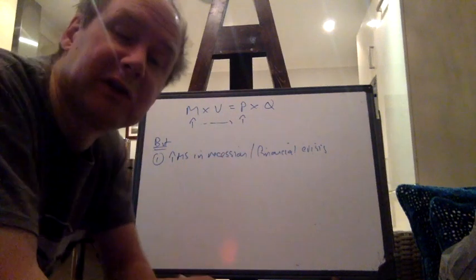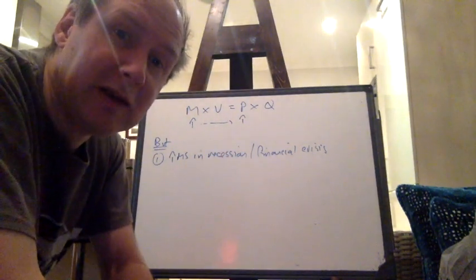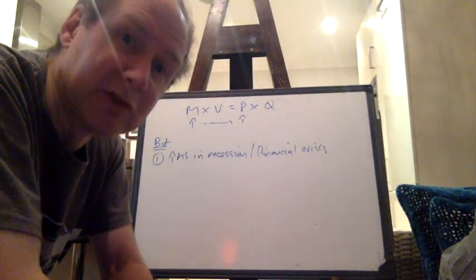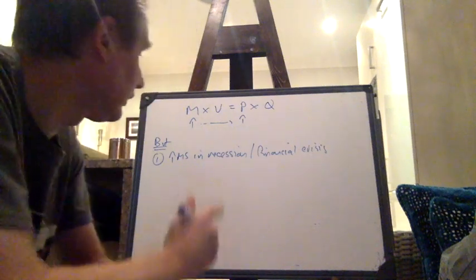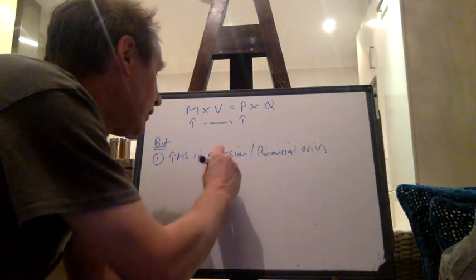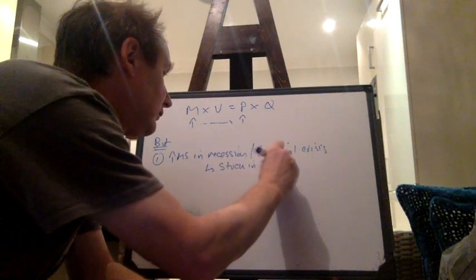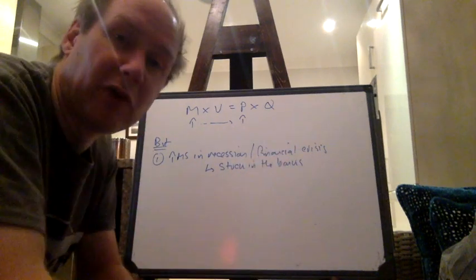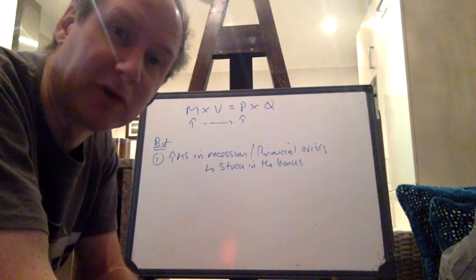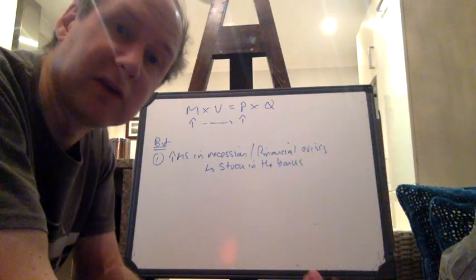Well, maybe that money isn't going to, especially via QE, maybe that money's not going to get lent. Maybe it's not going to make its way into circulation. There's a risk that the money simply gets stuck in the banks. Banks don't want to lend, they're not confident, people don't want to borrow. So then there's no increase in aggregate demand.